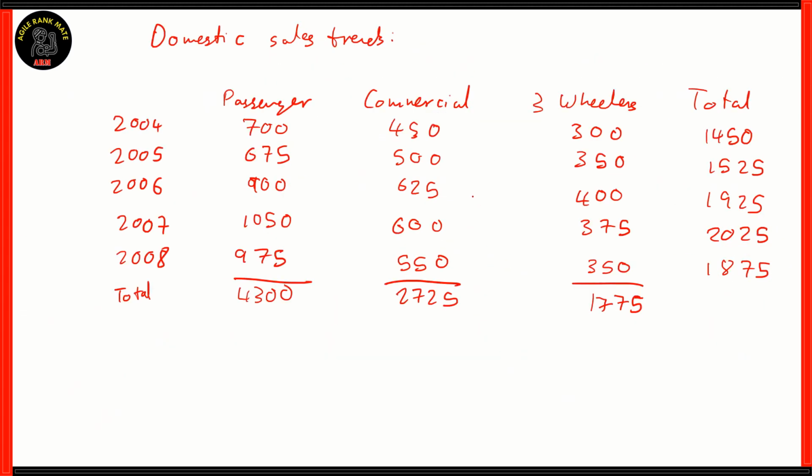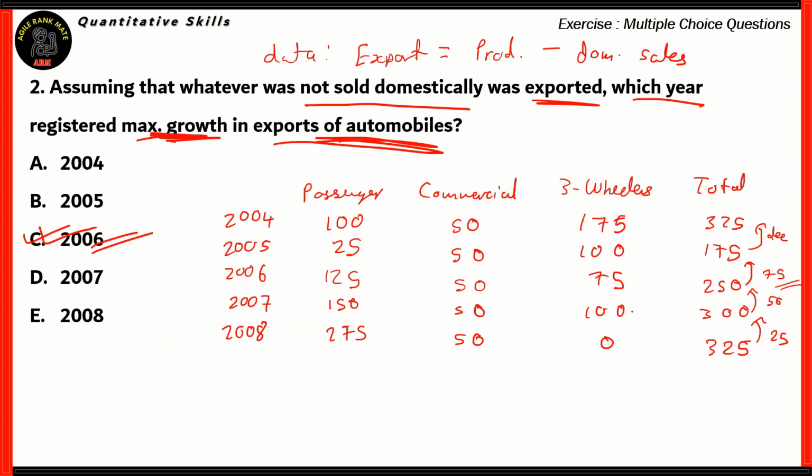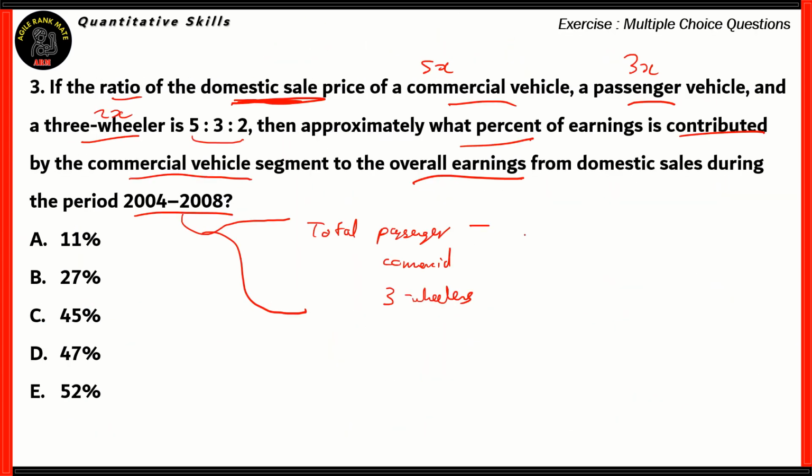If you look at our table for domestic sales trends, you see that passenger vehicles were 4,300, commercial vehicles were sold at 2,725 pieces, and 1,775 three-wheelers were sold. So let's write down those values: 4,300, 2,725, and finally for three-wheelers it's 1,775.